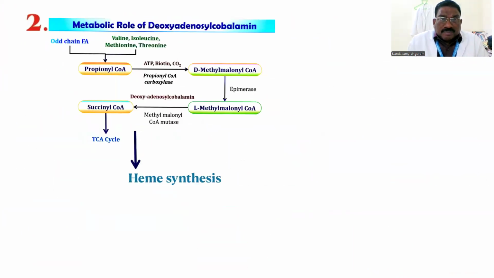The second function of vitamin B12 is in the form of deoxyadenosyl cobalamin. Fats and fatty acids, as well as amino acids, branched-chain amino acids like valine, isoleucine, methionine, threonine, are converted into propionyl CoA. This propionyl CoA is converted into D-methylmalonyl CoA with the help of propionyl CoA carboxylase.